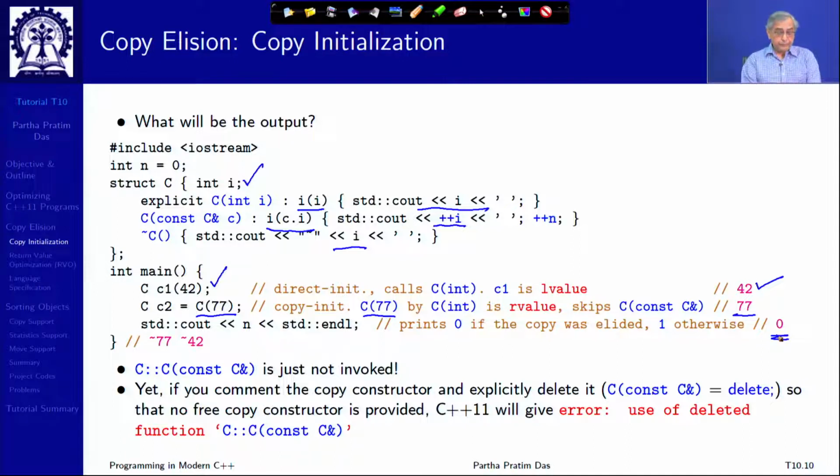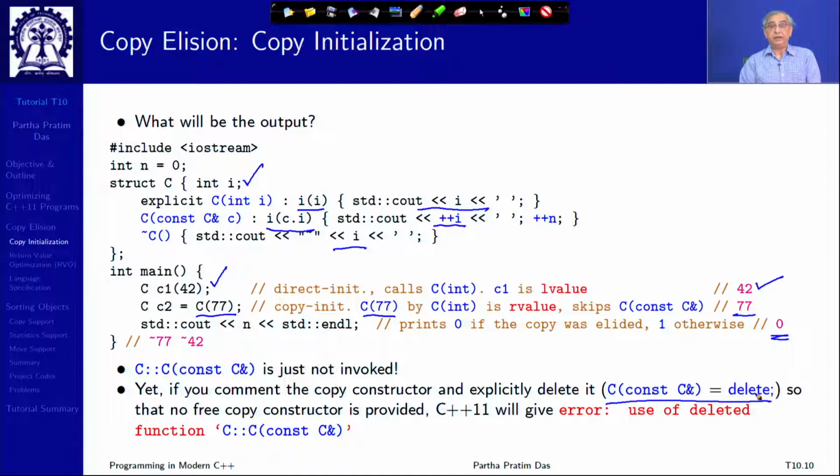Right? In fact, if you comment the copy constructor, you will say, then how do I know that the copy constructor is actually invoked or not, because the compiler will give me a free copy constructor. So, you can comment out the copy constructor and explicitly delete it.